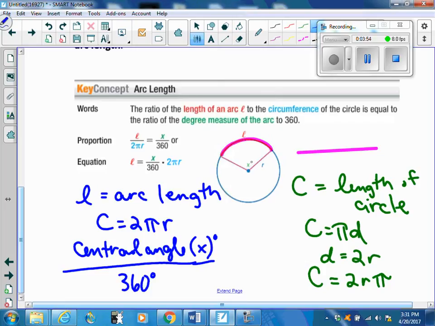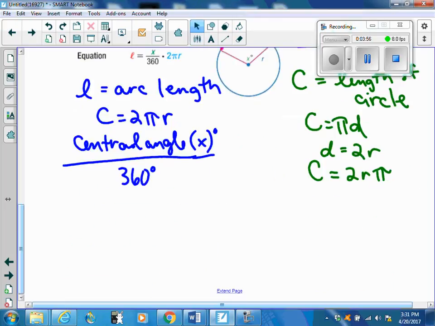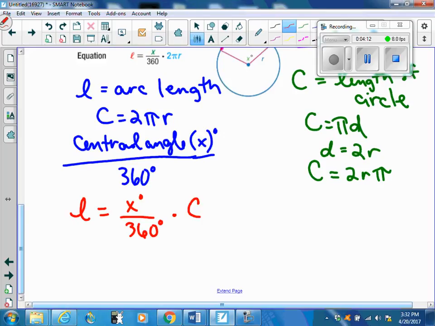That's going to give me my fraction. And if I put all that together, the arc length is equal to x degrees over 360, that's the fraction of the circle that's the arc, times my circumference, which is 2 pi r. So I just need to know what a fraction of the circumference is.